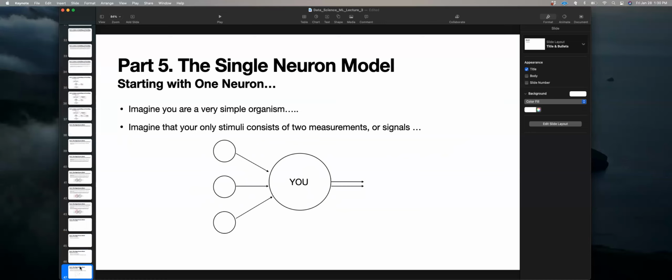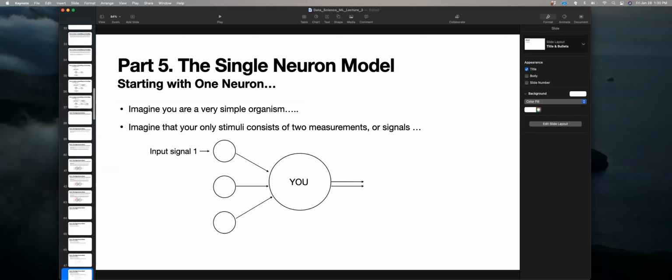So again, we're very simple. We can only observe 2 things. So maybe we have a left and right hand, and we can touch a surface with our right hand, touch a surface with our left hand, and we receive signals about how warm or how hot or how cold the thing that we're touching is. So we're feeling around, and that's all we can really observe are those 2 signals, right?